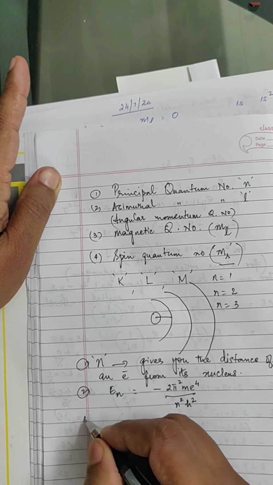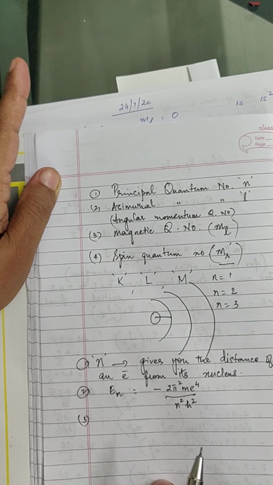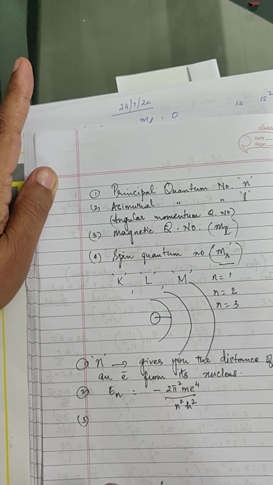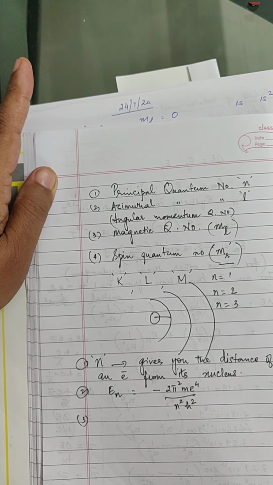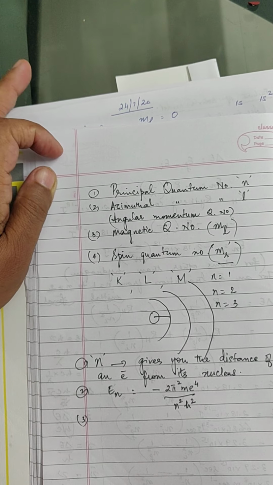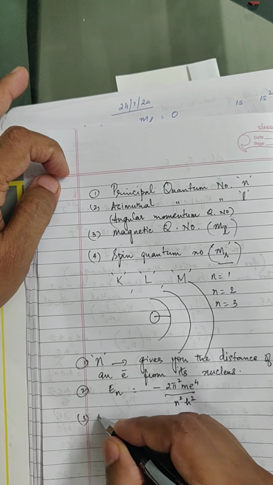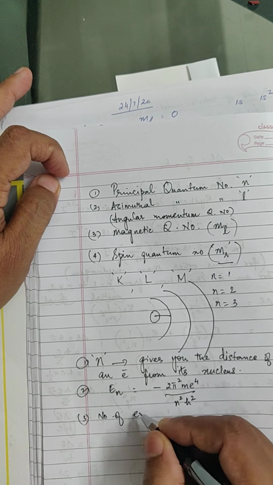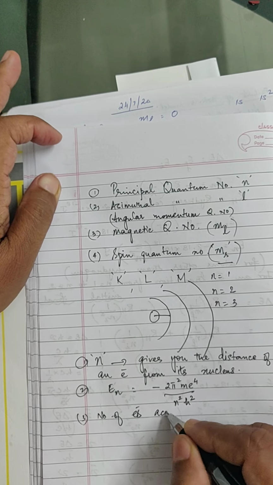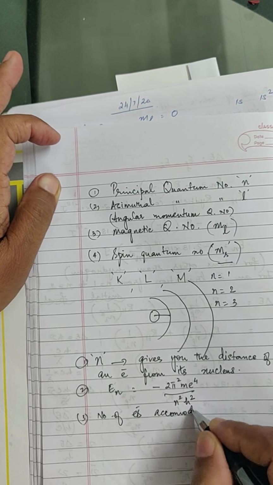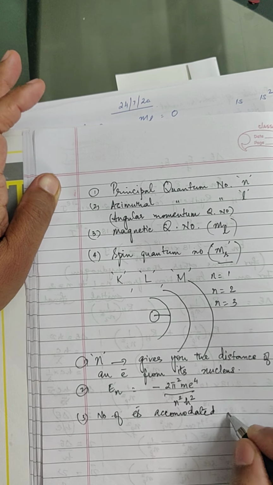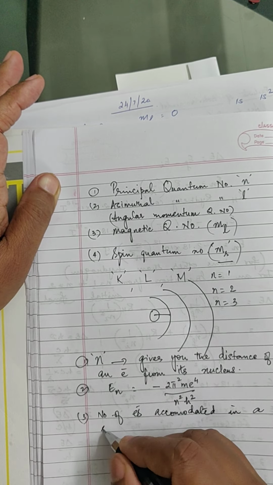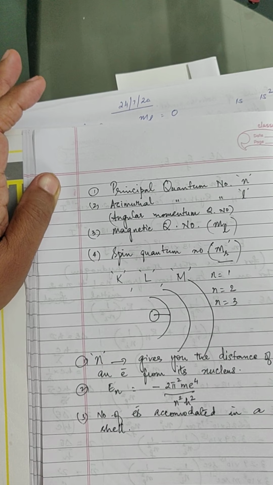Then it also tells you how many electrons may be present in any particular shell. So it is telling you the number of electrons accommodated in a shell. Now this you have studied in your 9th class also.